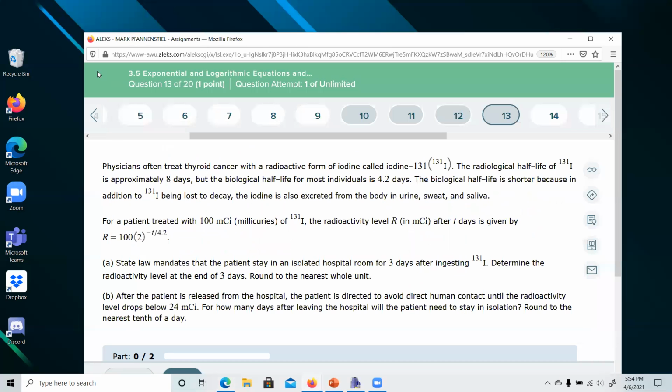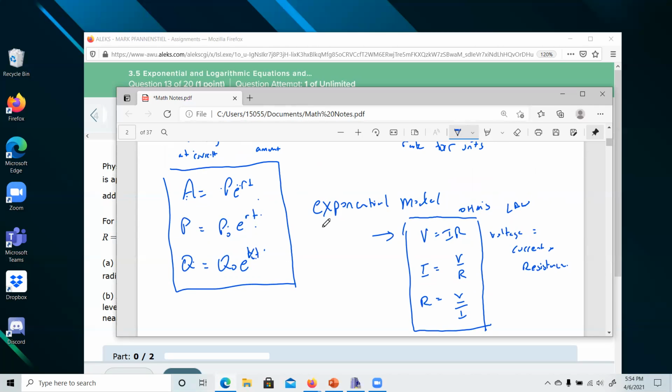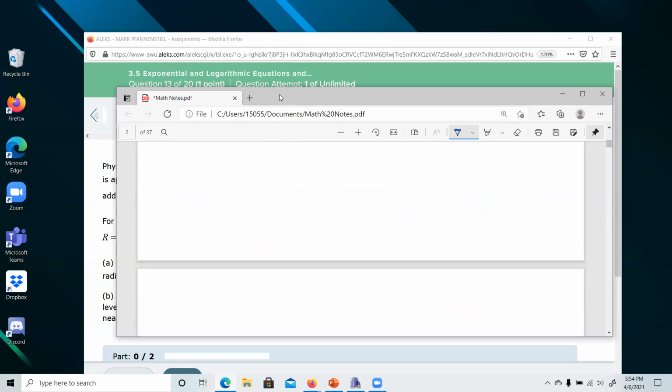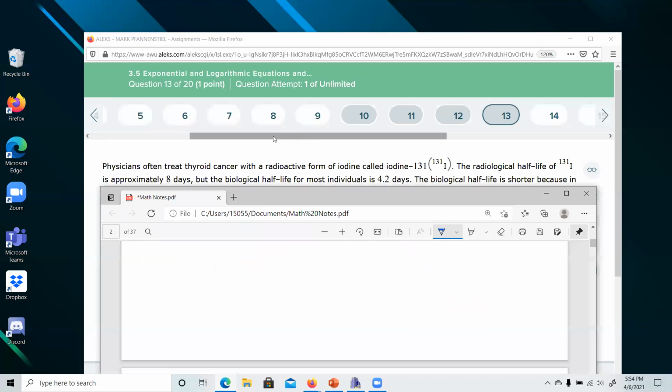Okay. We have to talk about one more thing before we actually do this problem. Well, two more things. One's easy, one's a little bit, I don't know why it's harder, but it is. Okay. So as we're going through this problem, okay, physicians often treat thyroid cancer with a radioactive form of iodine called iodine-131.